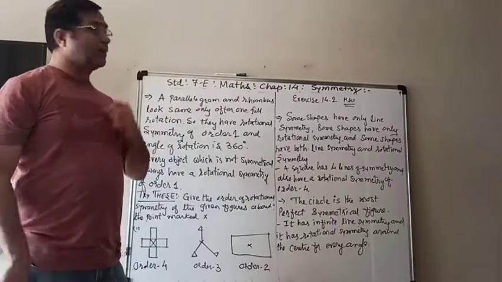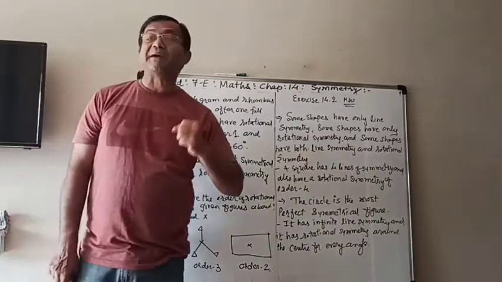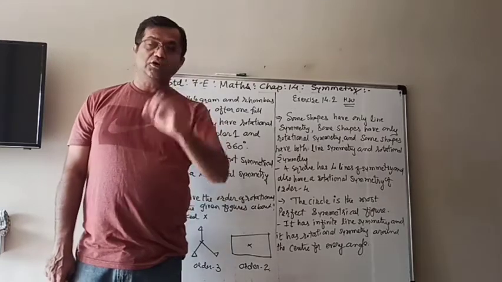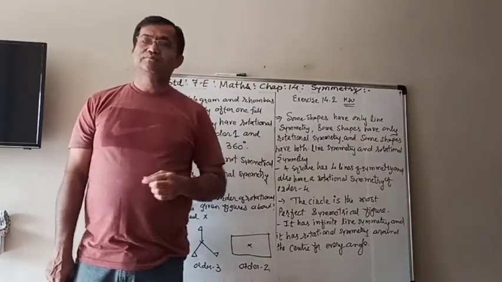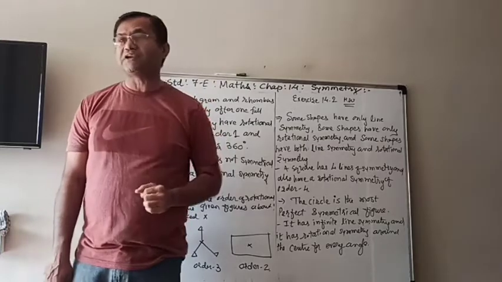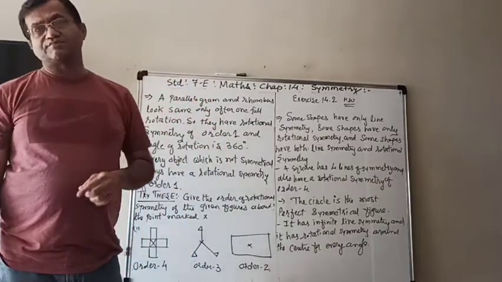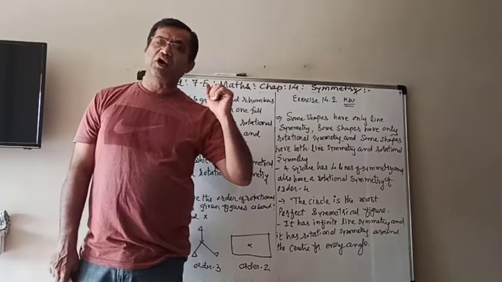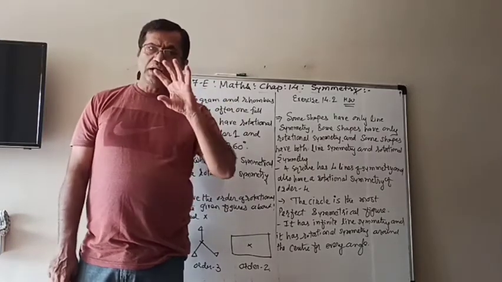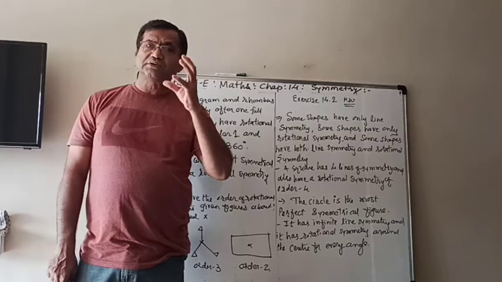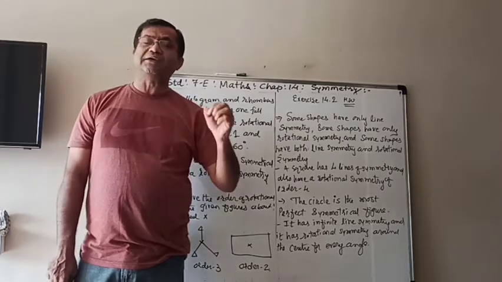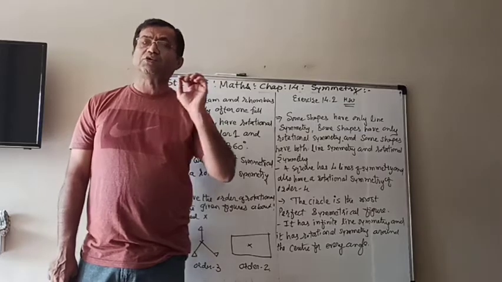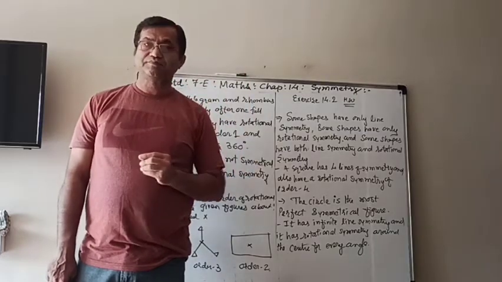Now some of the figures like a parallelogram or a rhombus, when you put a pin in the middle where the 2 diagonals bisect and rotate it, you will observe that it comes to the original position only after a full turn, and then it looks exactly the same.